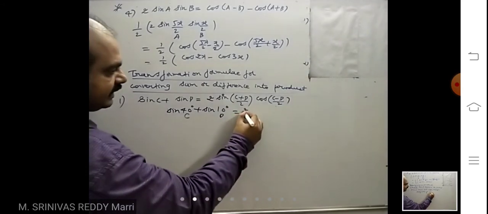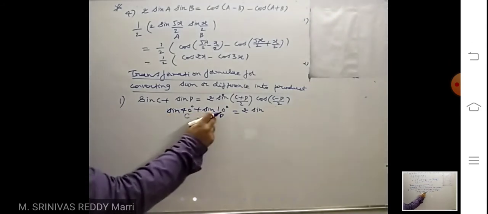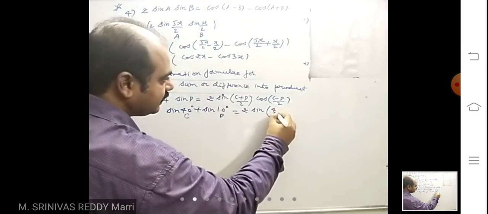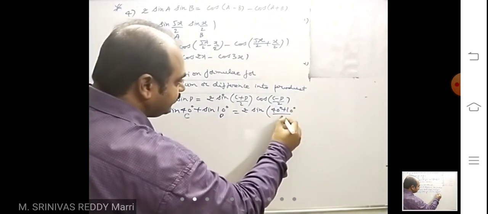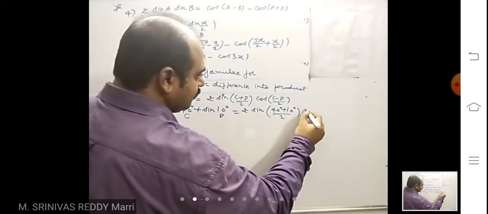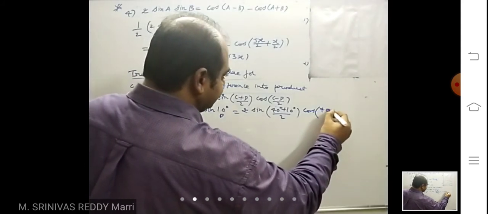Look at 2 sin C plus D by 2, that means 40 plus 10 by 2, cos C minus D by 2.